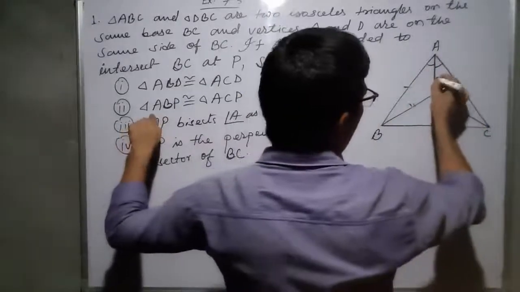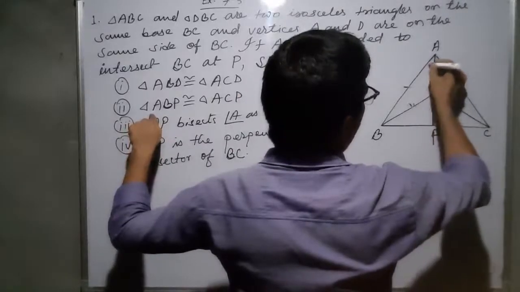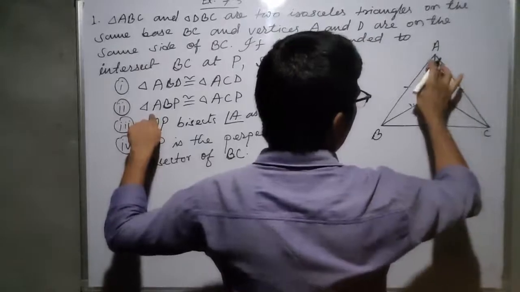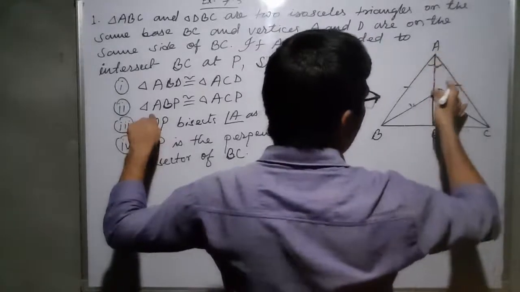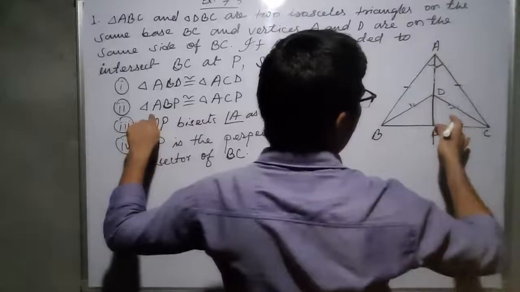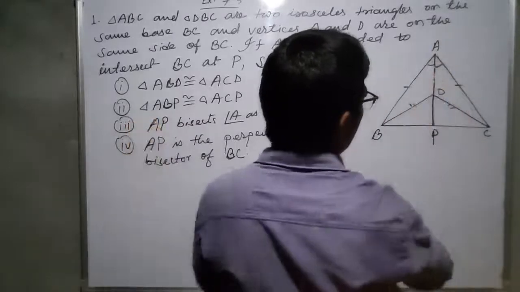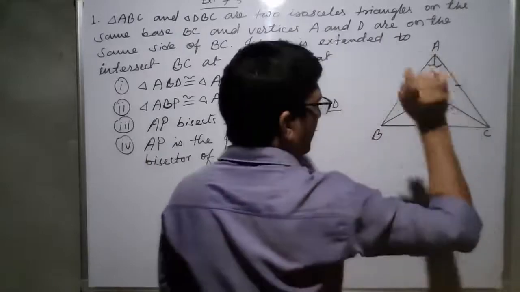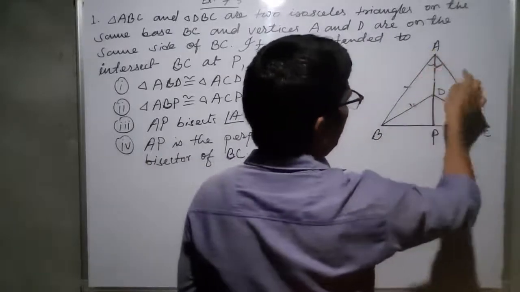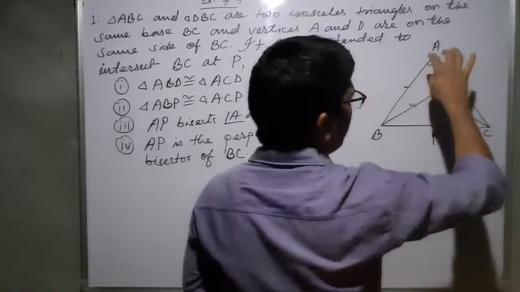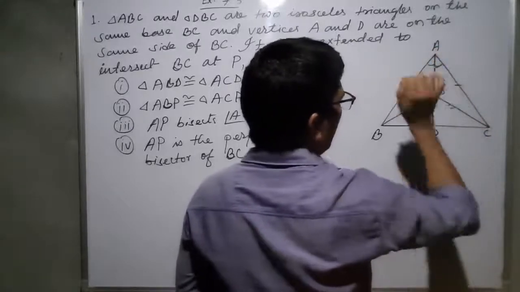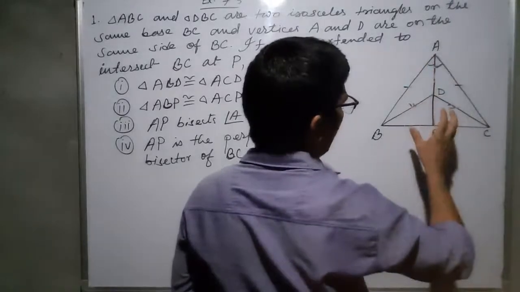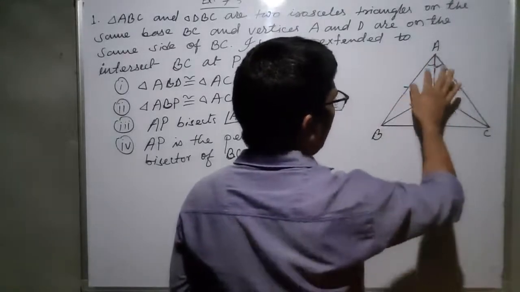Now this angle is equal to this angle, angle BAP equal to angle CAP, by CPCT from part 1. And AP is the common side for both the triangles. So AB equal to AC, given; angle BAP equal to angle CAP, by CPCT from the first part; AP is the common side for both triangles. Then, side, angle, side.